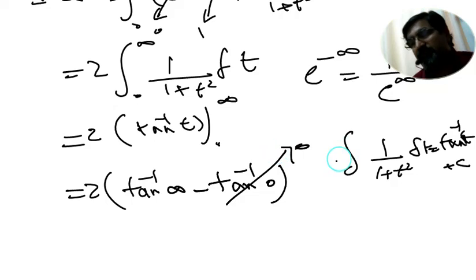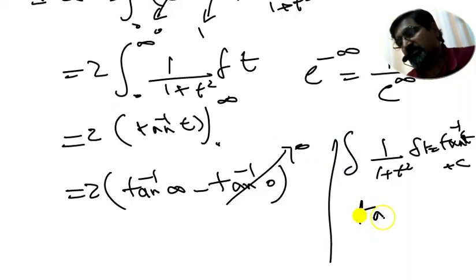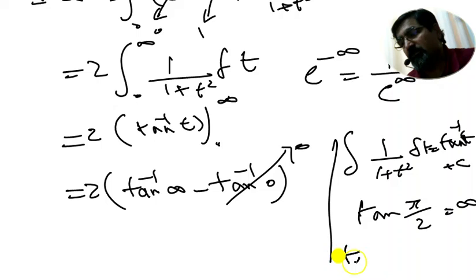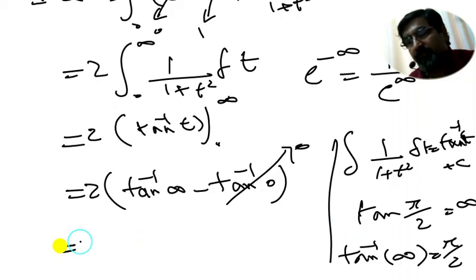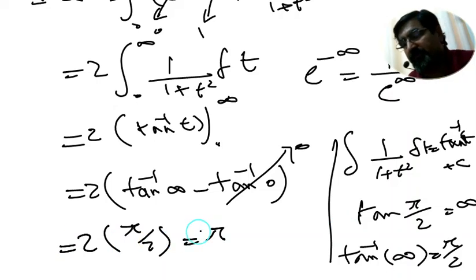This is 0, because tangent of pi over 2 is infinity, so tangent inverse of infinity is pi over 2. So 2 times pi over 2 is pi.